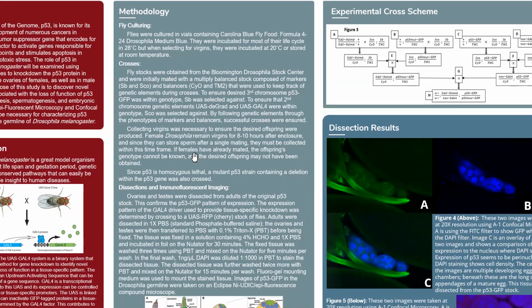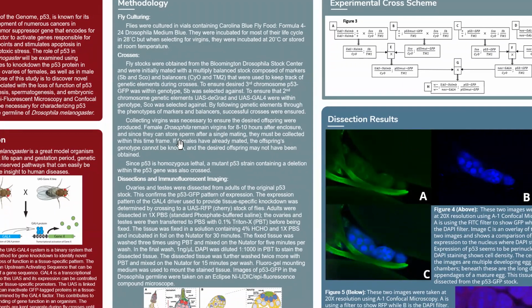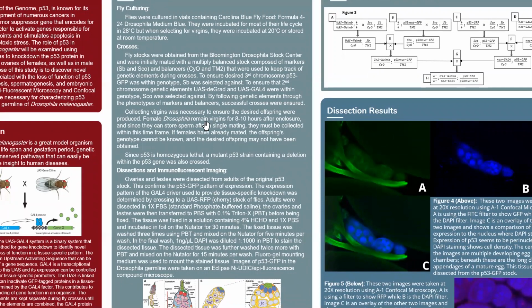or else we wouldn't know if we actually were getting our desired offspring. And collecting virgins is also really important to get the desired offspring that we want, because female Drosophila only remain virgins for 8 to 10 hours after eclosion, which is when they're officially adult flies. And they can actually store sperm after one single mating, so they have to be collected within this time.